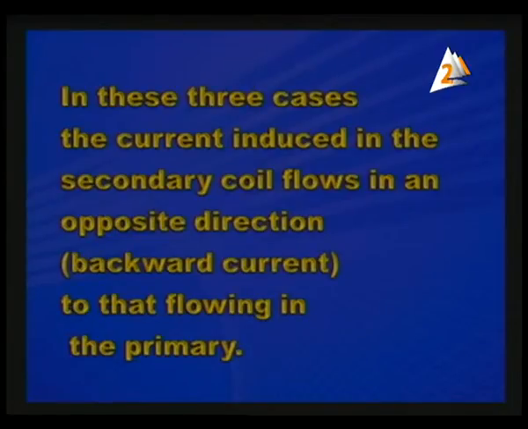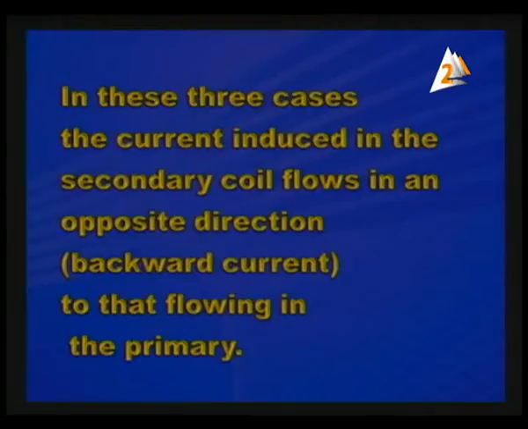In these three cases, the current induced in the secondary coil flows in an opposite direction, backward current we call it, to that flowing in the primary circuit. So let me say it again.